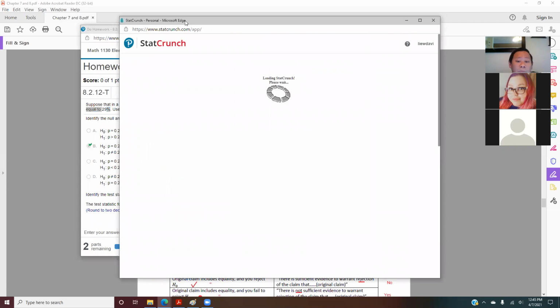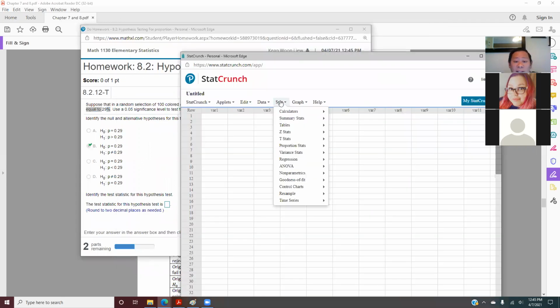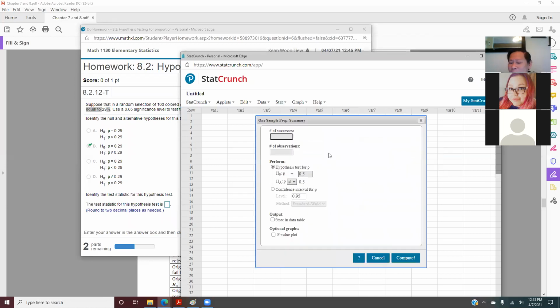Where you go here is under Stats, then Proportion Stats, then One Sample, with Summary. This is exactly the same thing as the confidence interval. Remember, last time you picked this in 7.1. Now we are doing the hypothesis testing, which is the first option here.